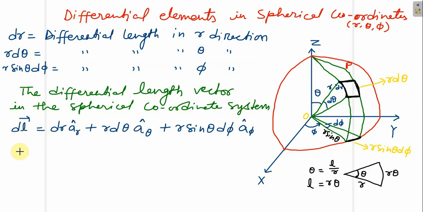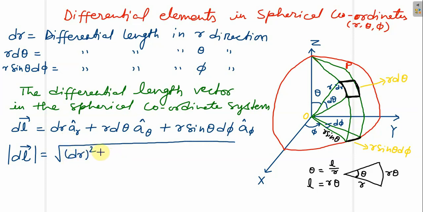Now if I want to calculate the magnitude, as we discussed in the Cartesian and cylindrical systems, similarly we can determine the magnitude. Obviously, it will be the root of the sum of squares of these components: dr square plus r d theta square plus r sin theta d phi square. In this way we can calculate the magnitude.